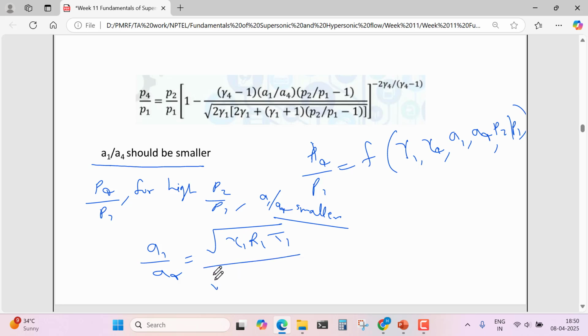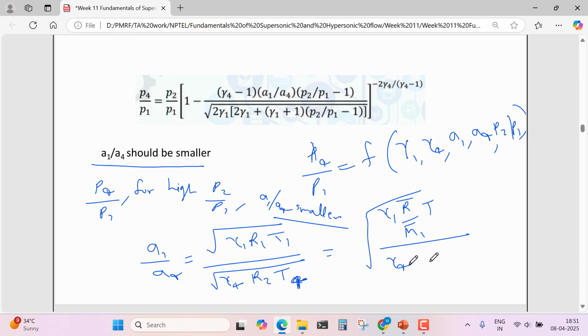A4 is sqrt(gamma 4 R4 T4). And R1 can be written as R bar upon M1 bar, where R bar is the universal gas constant and M1 bar is the molecular weight. Sorry, this is 4: R4 is R bar upon M4 bar.